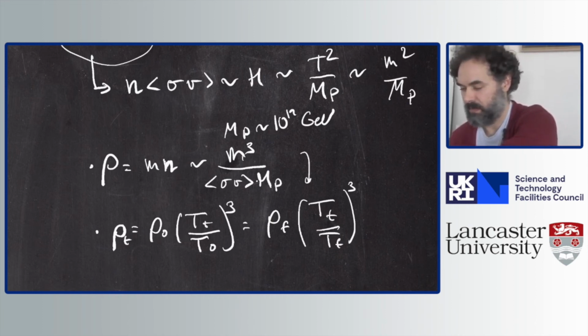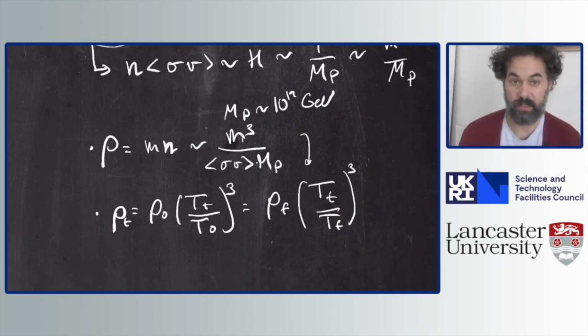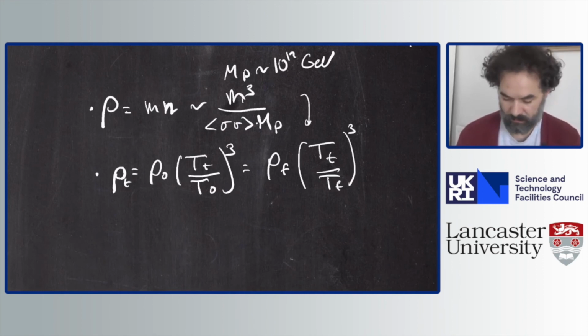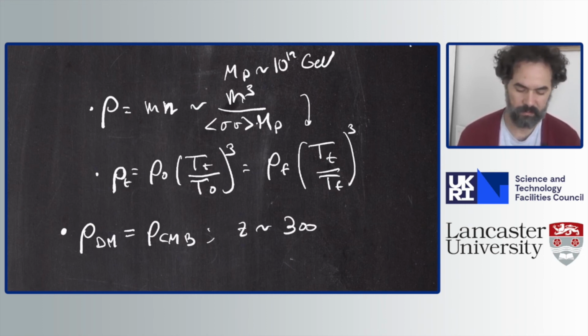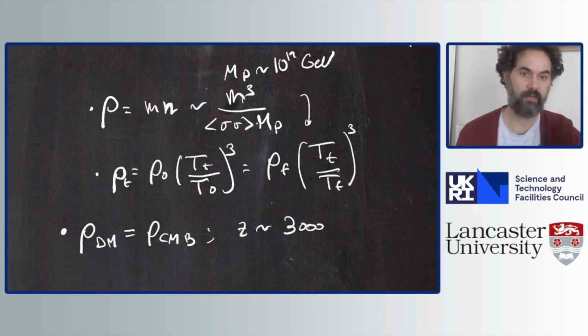The next step is to put some physical values in. For instance, we know that the energy density of dark matter equals the energy density of the CMB at redshift 3000. So from 3000 towards today, matter dominates, and before 3000, radiation dominates.